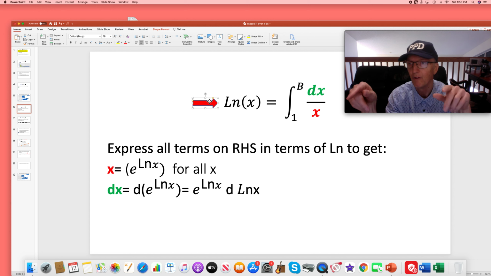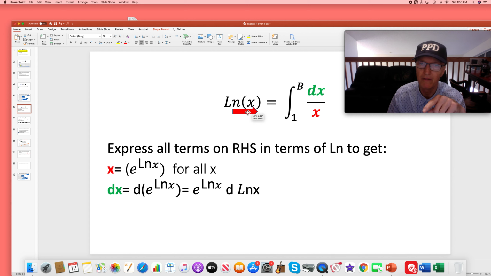Here's the way to approach this. I've demanded that we put dx and x both in the same language of natural logarithms, ln, so that I'm forcing the function to talk in the same units, so to speak, on both sides of the equation, so that it has to tell me visually why they're the same.